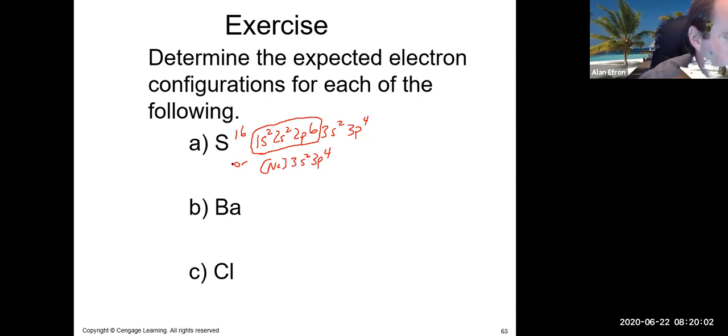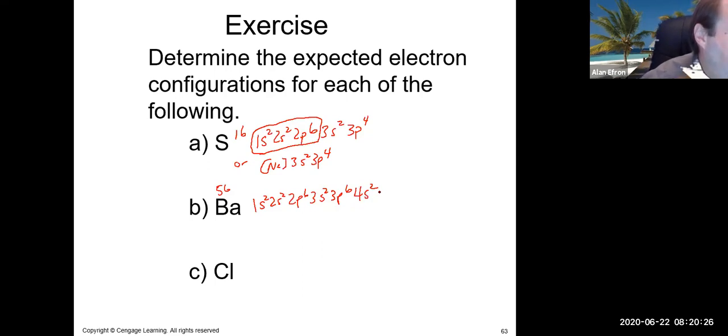Next is barium. That's 56. Oh, that's a lot there. All right, let's go for it. We've got 1s2, 2s2, 2p6, 3s2, 3p6. Remember, after 3p6 it actually goes to 4s2. Again, that's that change that occurs.